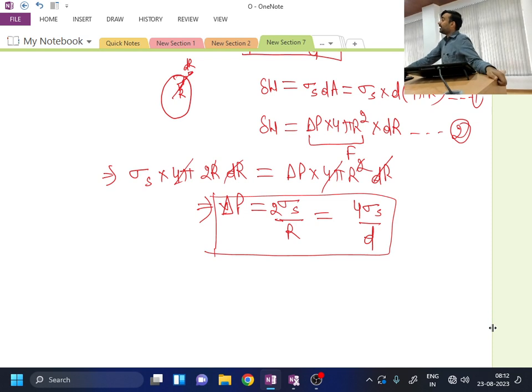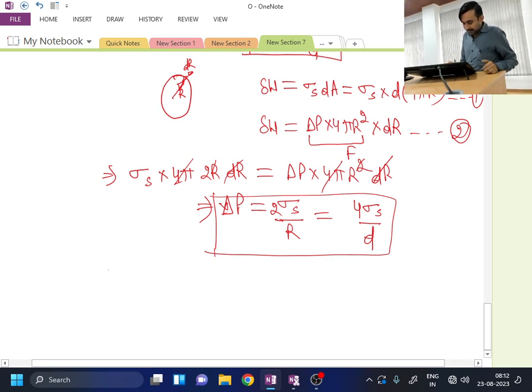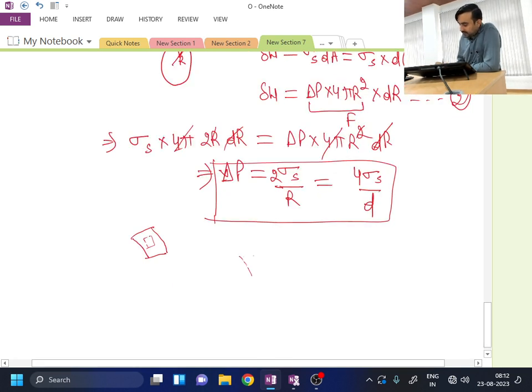But whenever we have complex interfaces where we do not have any symmetry available, we have to go for another method of calculating the curvature in order to define delta P. How can we do that? Let us consider that I have some curved surface like this, and on this curved surface I have some small elemental area. Say this elemental area looks something like this.